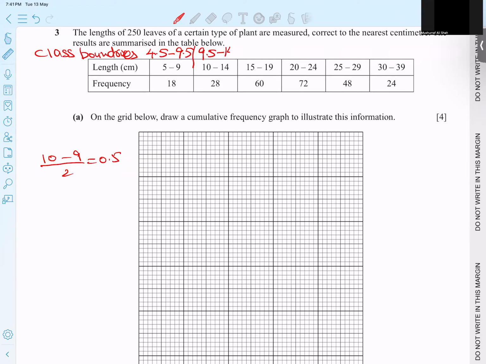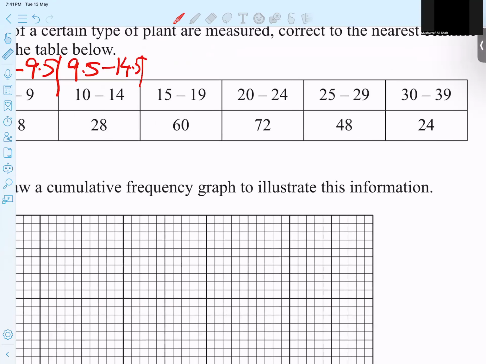Add to 14, 14.5. So add and subtract: here 14.5, here 19.5. Here 19.5, and here 24.5. Here subtract 24.5, here add 29.5. Here 29.5, and here 39.5.